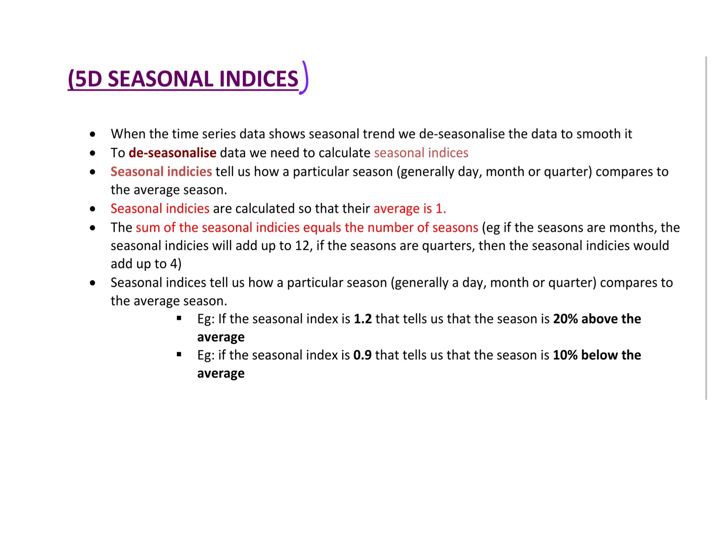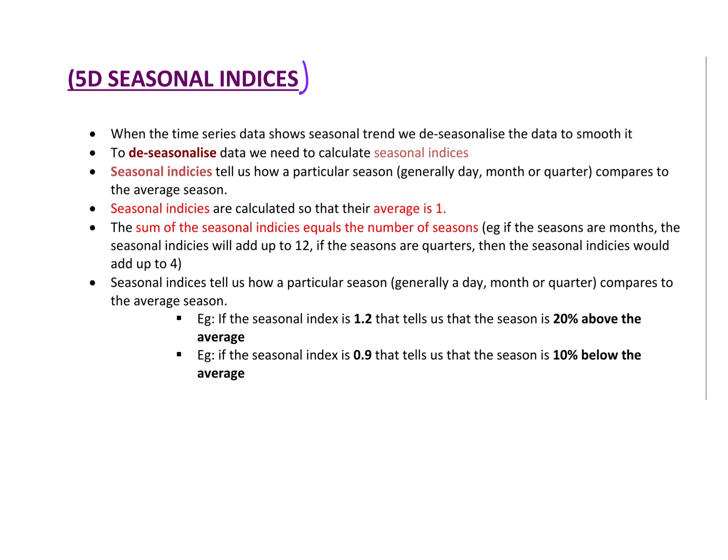Say with jumper sales, we would see the winter season is above average because we're colder and people buy more of that. We'll probably see the summer season being below average. That's what a seasonal index tells us: whether it's above or below average.